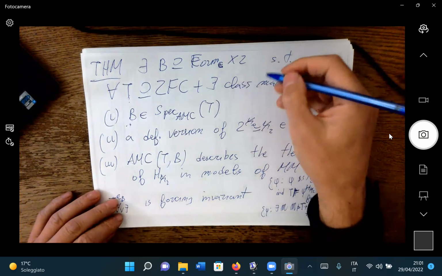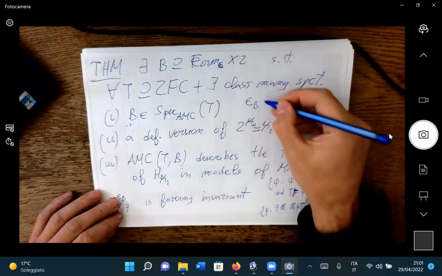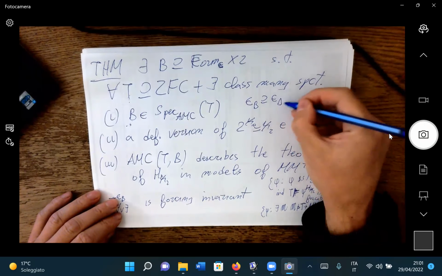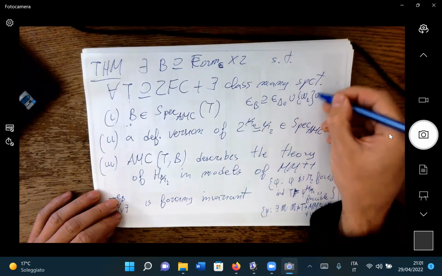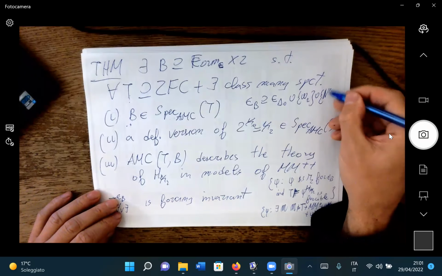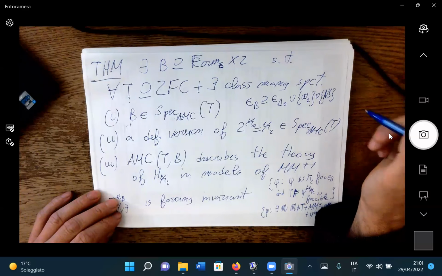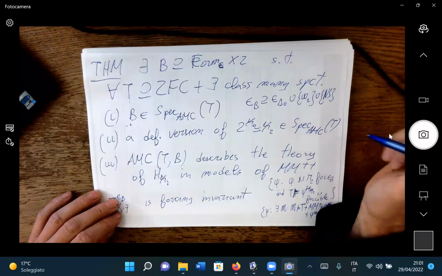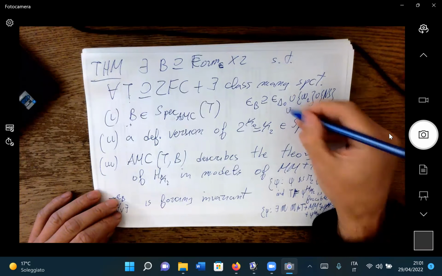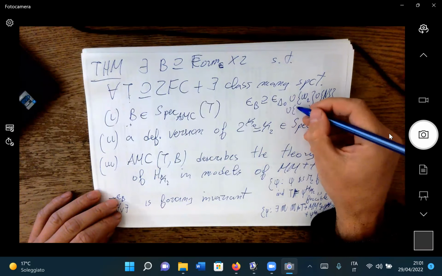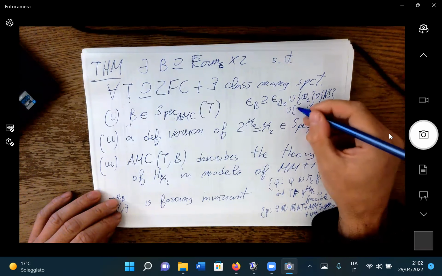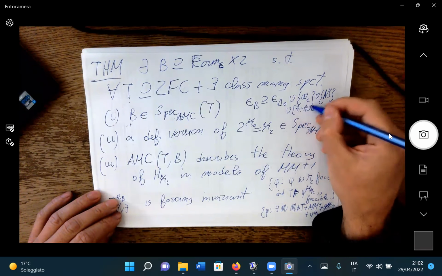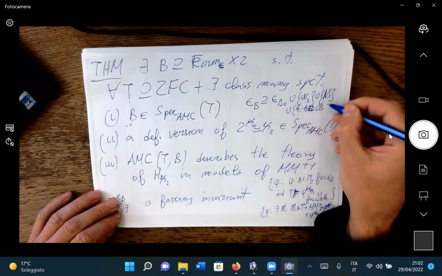And here I have to specify that epsilon B contains epsilon delta 0, and it has a constant for omega 1, and it has a predicate symbol for the non-stationary ideal. And then it has a predicate symbol for the universally Baire sets.